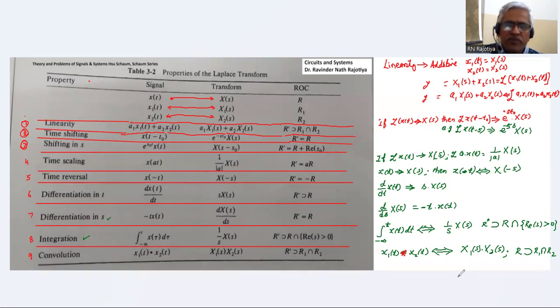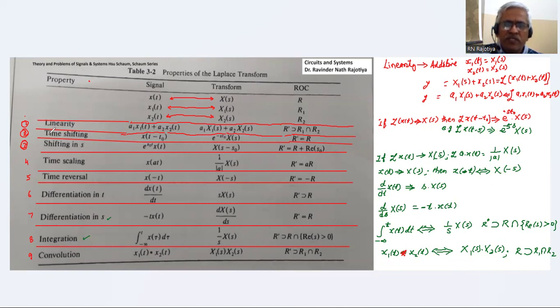properties. Let me again repeat the properties, and you can all repeat with me. The topic is properties of the Laplace transform. The following are the 9 properties of the Laplace transform. Property 1 is the linearity property.